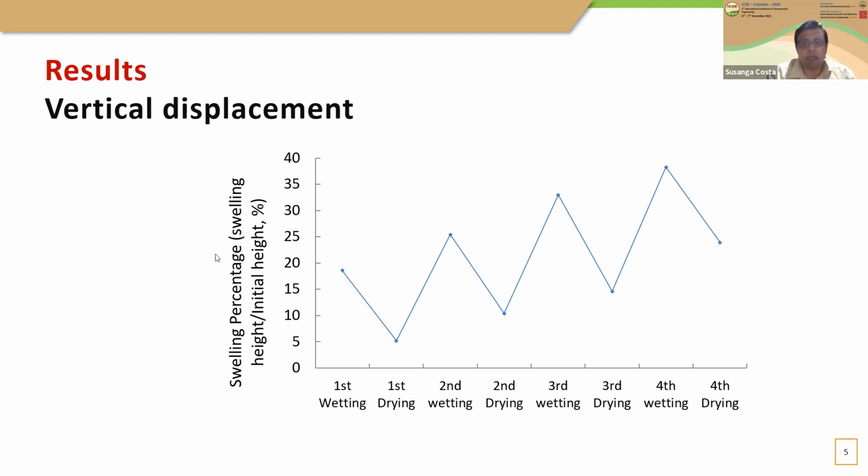In the first cycle, initial wetting and initial drying have different vertical displacement variations. The next cycle shows a repetitive variation. At the end of the cycles, you can see that Altona clay shows more than 30% net expansion from the initial height.